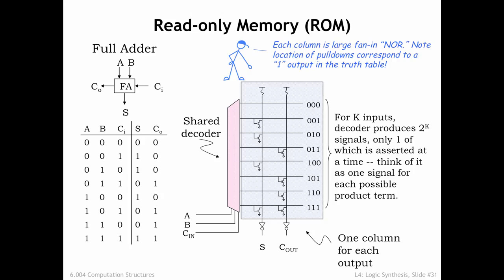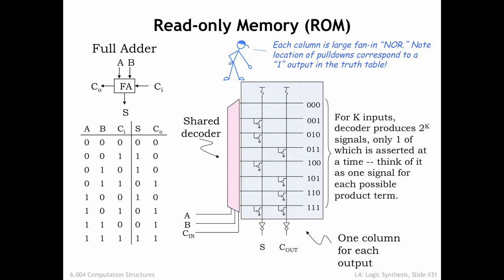Here's a read-only memory implementation for the 2-output truth table shown on the left. This particular 2-output device is a full adder, which is used as a building block in addition circuits. The 3 inputs to the function, A, B, and Ci, are connected to the select lines of a 3 to 8 decoder.